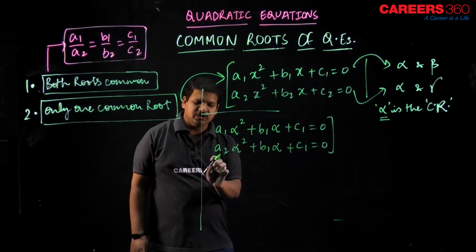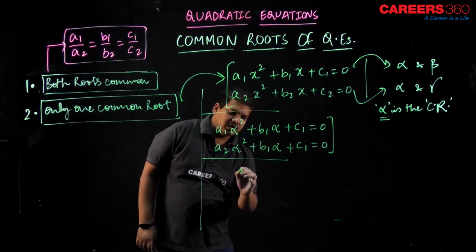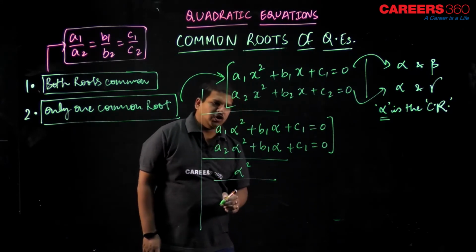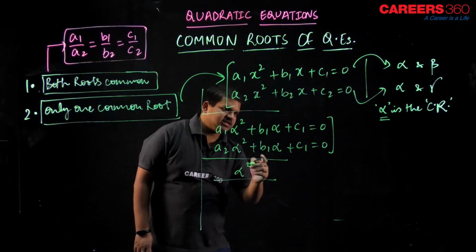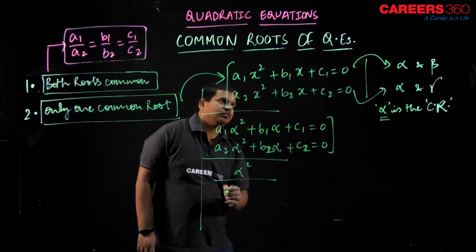And if I solve these two equations using the crisscross method, just try to recall what we did in pair of linear equations. Alpha square upon, firstly this will be b2 and this will be c2, right?